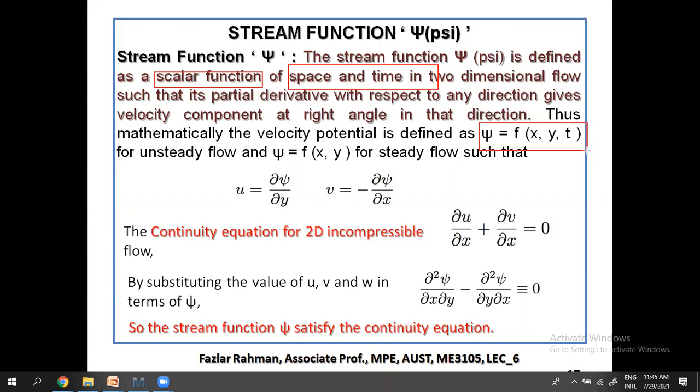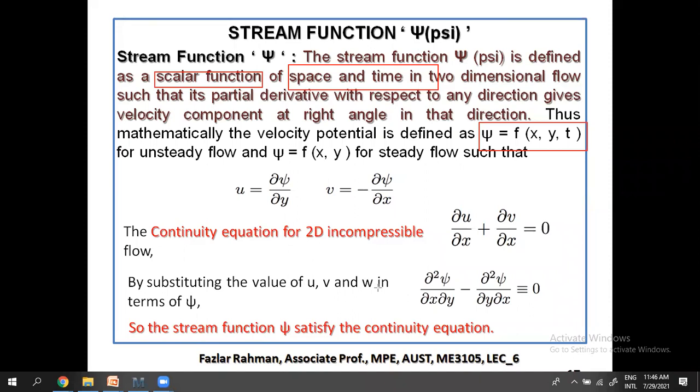That means x, y, and z. In space and time, it is a two-dimensional flow, such that the partial derivative with respect to any direction... Remember that a stream function or streamline should be in one plane, in a single plane, either the xy, yz, or xz plane.